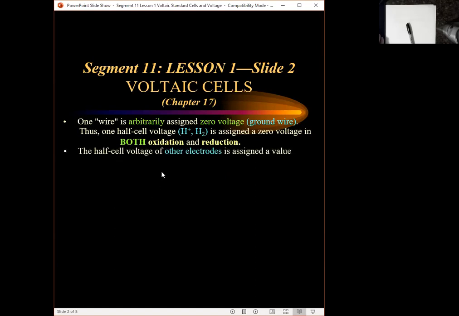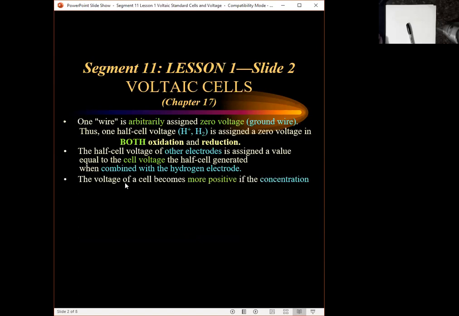We keep that as our reference voltage. The voltage then of the other electrodes are assigned the value we measure when we measure the voltage of that electrode against the hydrogen electrode. And that gives us the voltage for the other cell.